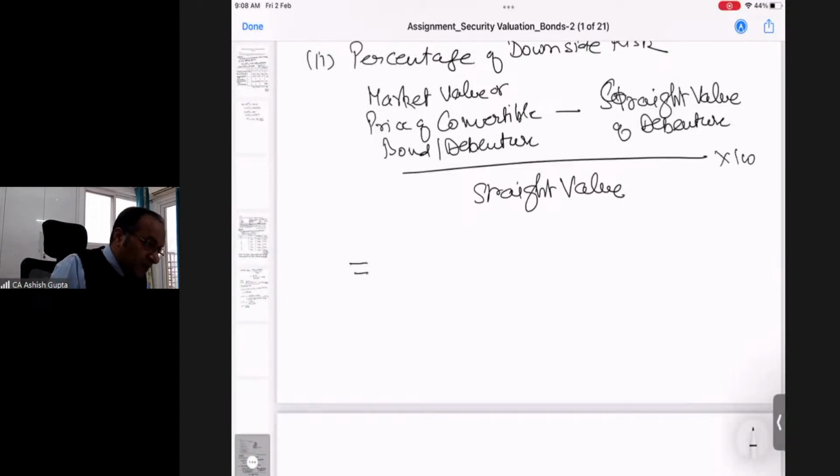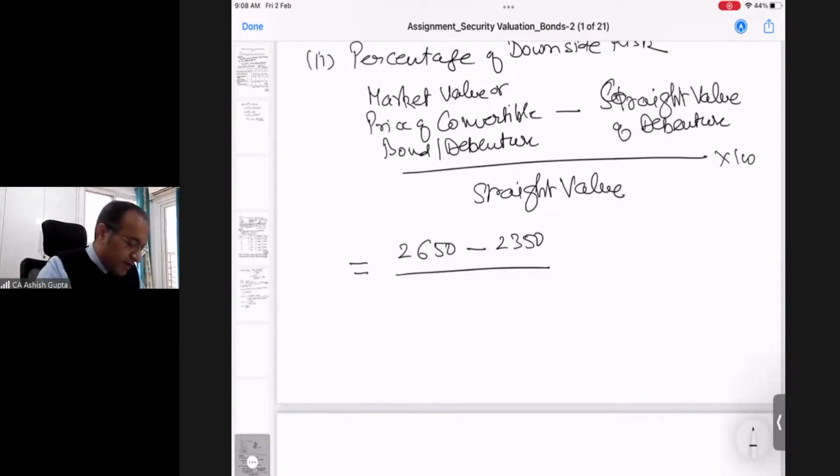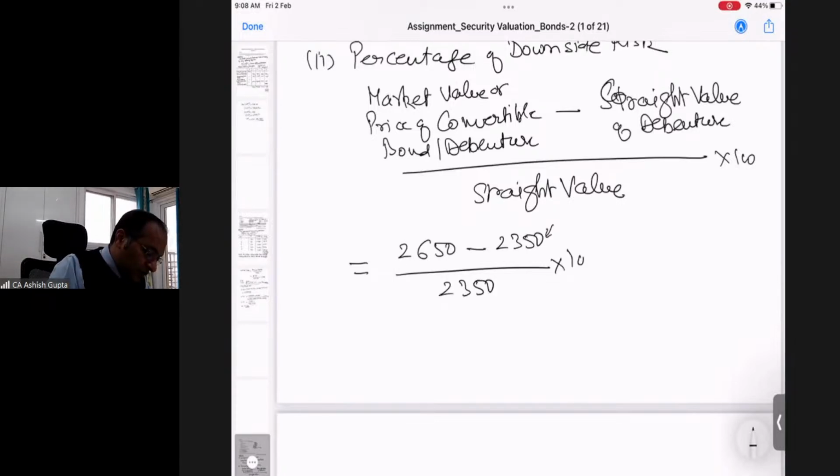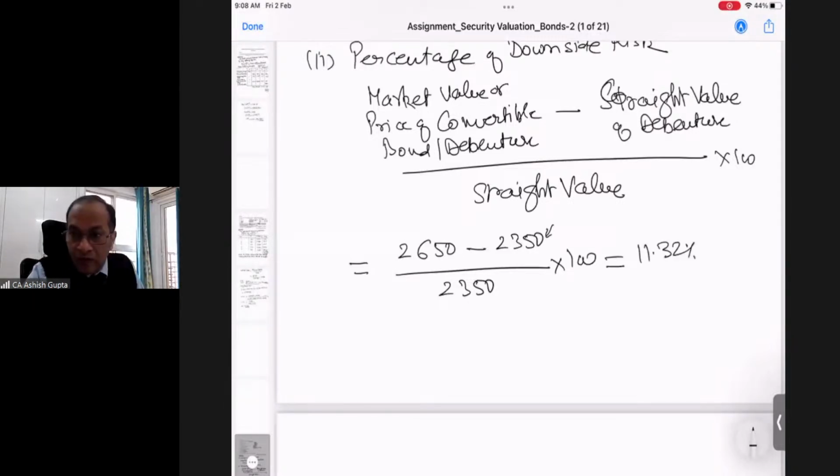Today if I am investing 2650, then even if the equity becomes zero, I will take the route of getting it redeemed, so 2350 into 100. Okay, student, I hope it is clear to you.